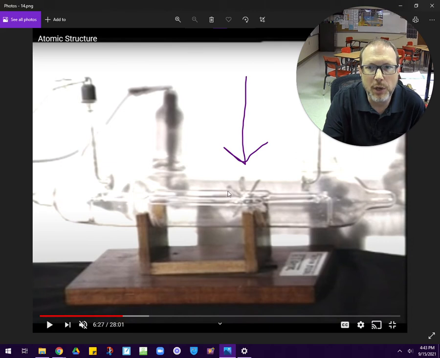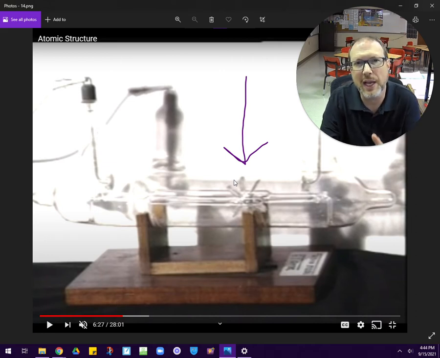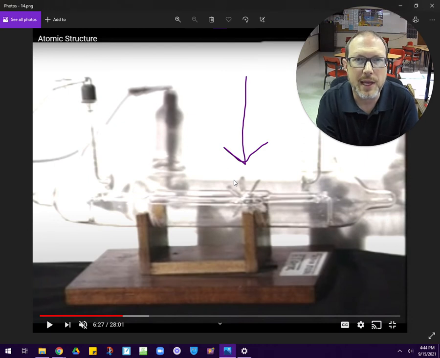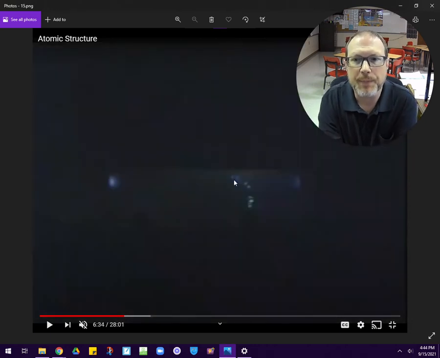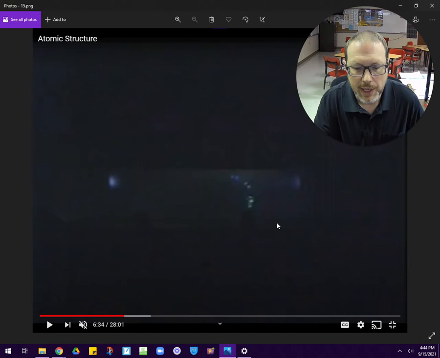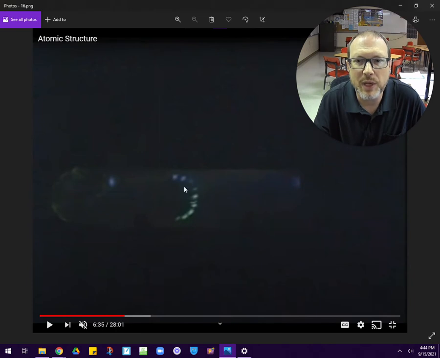Each of the little prongs on this paddle wheel had a little bit of phosphorescent coating, which would glow when hit by these cathode rays, so they knew they could have it right in the path of this beam. Whenever they turn this on, there's the wheel right there, and you can see that it caused the wheel to start spinning and actually push the wheel toward the other end of the tube.